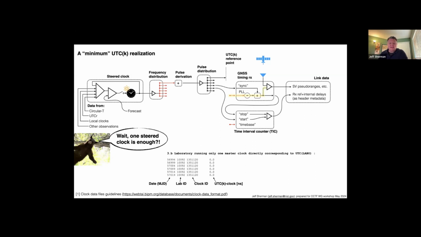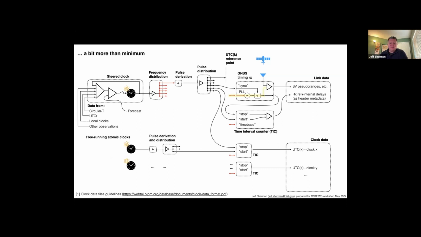Its time is identically 0, and it's reported just this way, and there are no other clocks at the hypothetical laboratory. This is a good schematic to start with because you can easily add free running clocks as your lab grows. You just buy one additional time interval counter and one additional pulse distribution means for each atomic clock, both of which are negligible costs compared to the atomic clock itself.